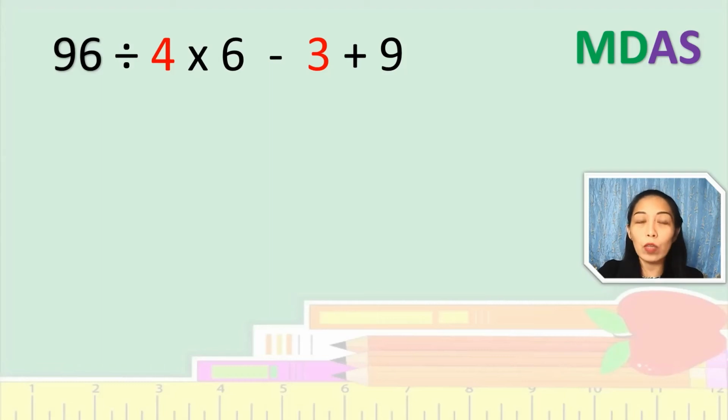Okay? So, sa atong case nga si 96 divided by 4 times 6, nagtapad or nagsunod man ang division o multiplication. So, no need na mo worry sa next. We have to solve 96 divided by 4 first.